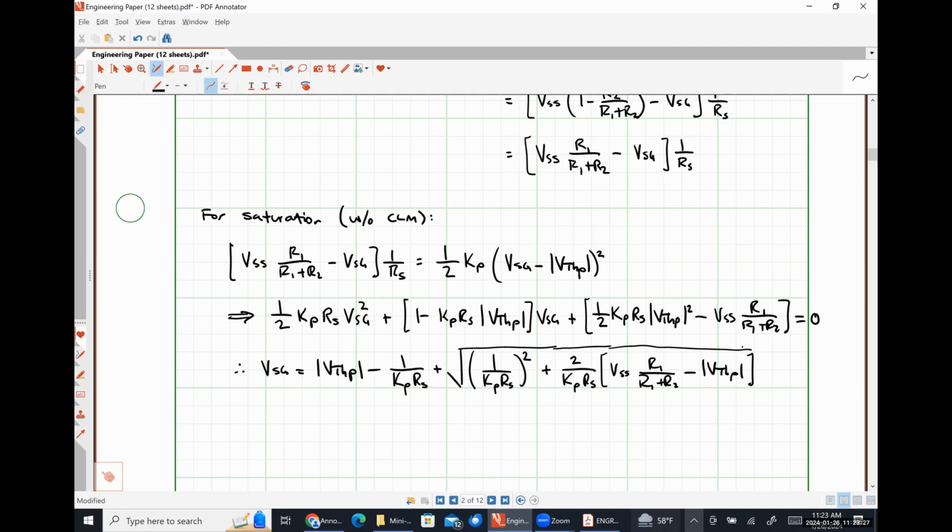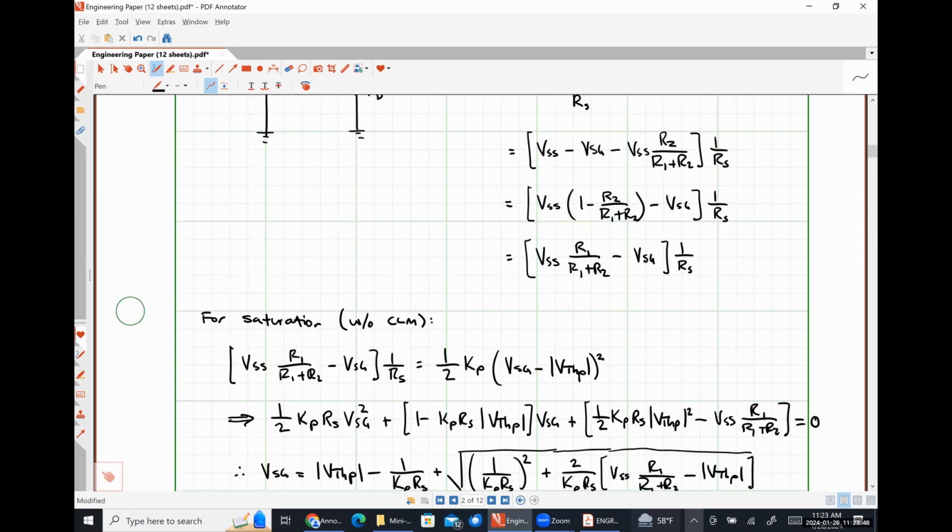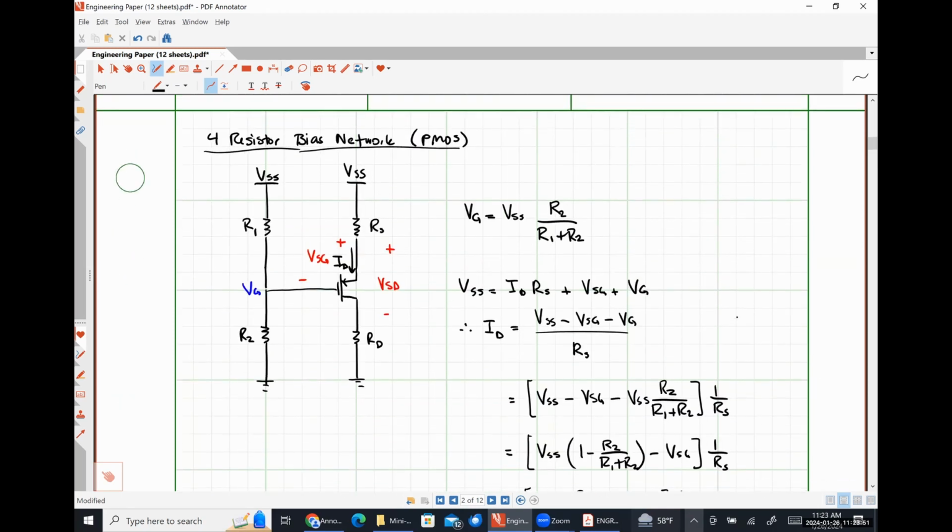Once we know what VSG is, then we can directly solve for our drain current ID using either this relationship up here or this relationship over here to the right. And then we're able to solve for our source drain voltage. So we would have VSS is equal to ID times RS plus RD plus VSD, and we're just going to rearrange.